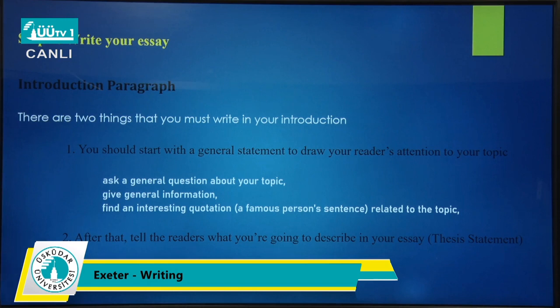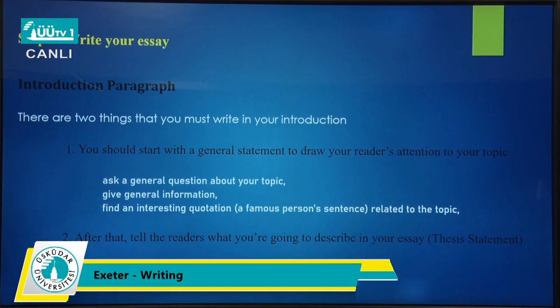You can ask a question, you can give general information, you can even find an interesting quotation from famous people. Of course, in your country you can have some famous people. And then you need to tell the reader what you are going to talk about. That we call the thesis statement.